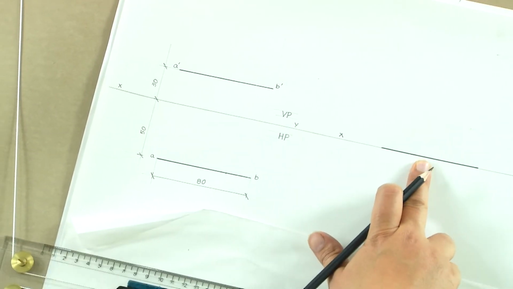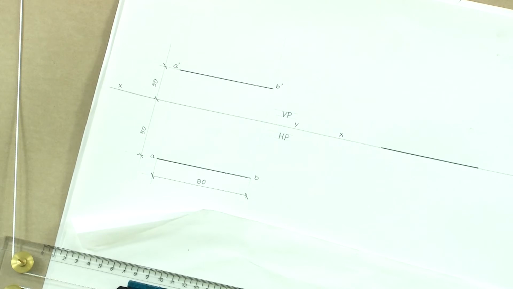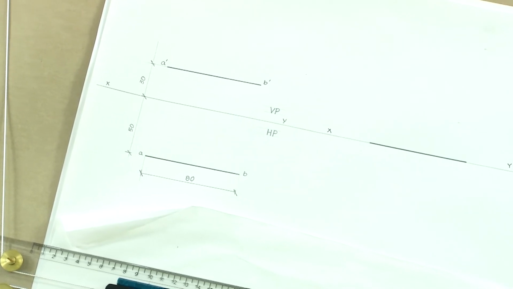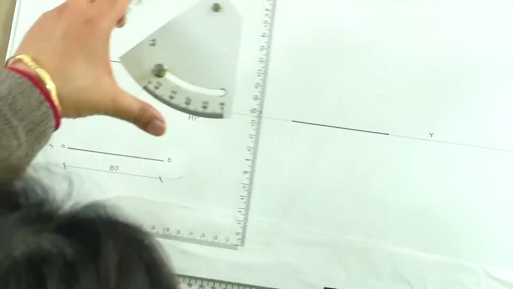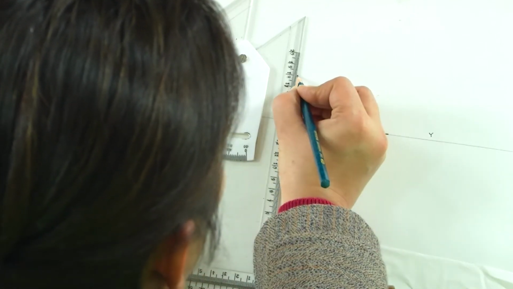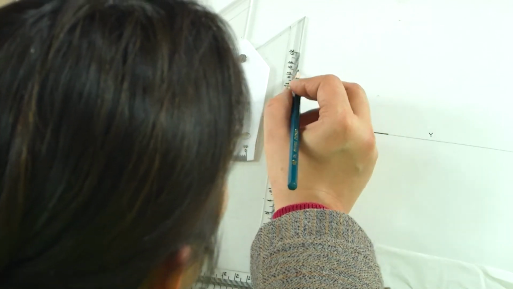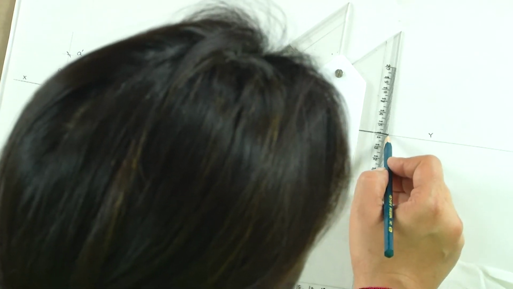Now, this is the top view. In the elevation, we would see this line at 40 mm from HP. So, we would mark a parallel line, 40 mm above the reference line.